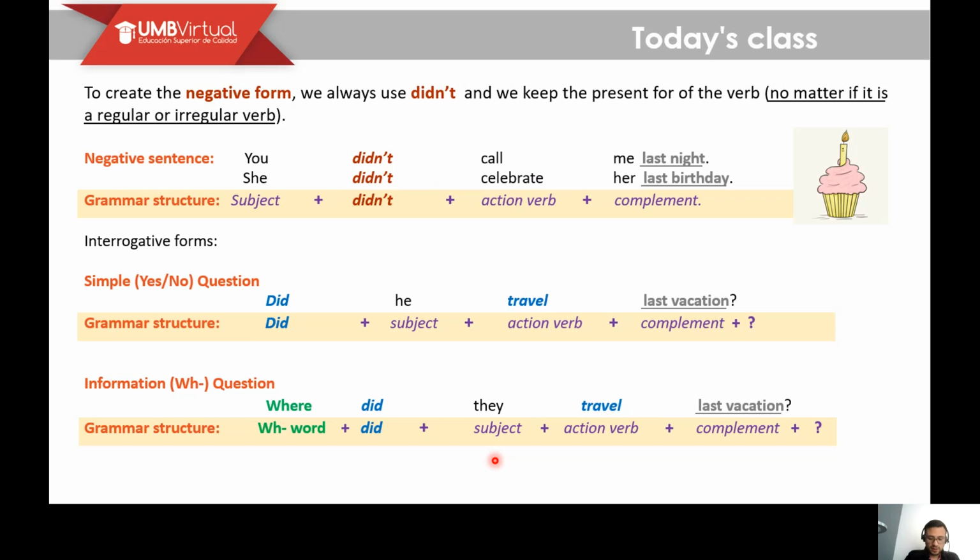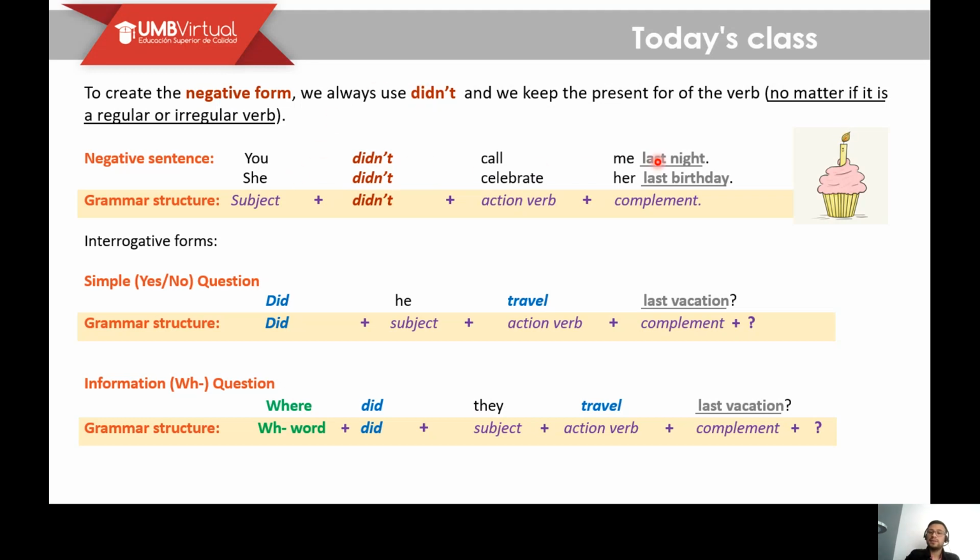All right. So for the negative form, we use an auxiliary that conjugates in past negative. What is the translation? No, that is the translation into Spanish.